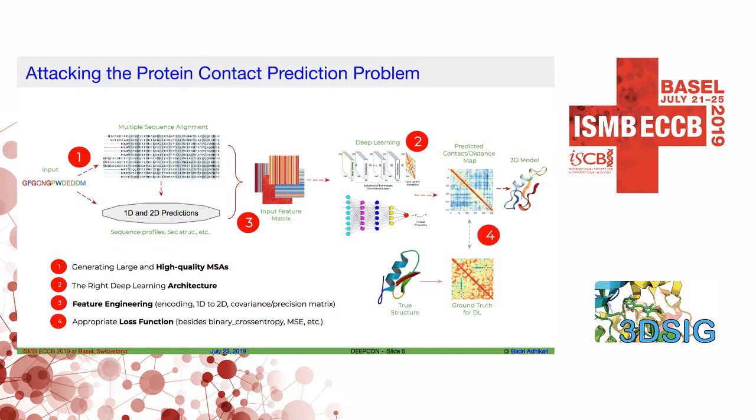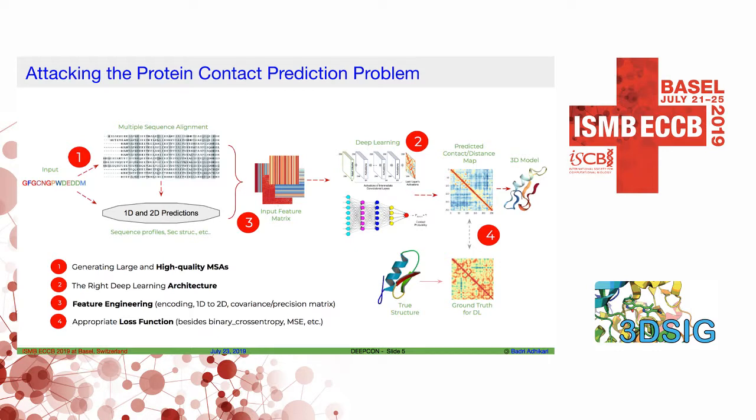The last place I feel is a good place to attack is using the appropriate loss function. Some of the unique features of the protein contact prediction problem make it very different from other binary classification problems or even other regression problems like depth prediction. So going beyond binary cross entropy or MSE should be a place where we can significantly improve the performance, because out of all the predictions we make, we don't use all of them.